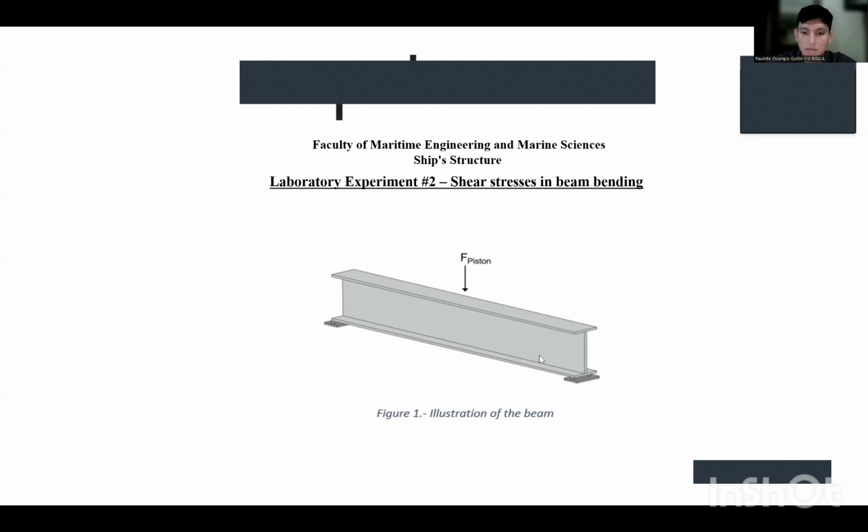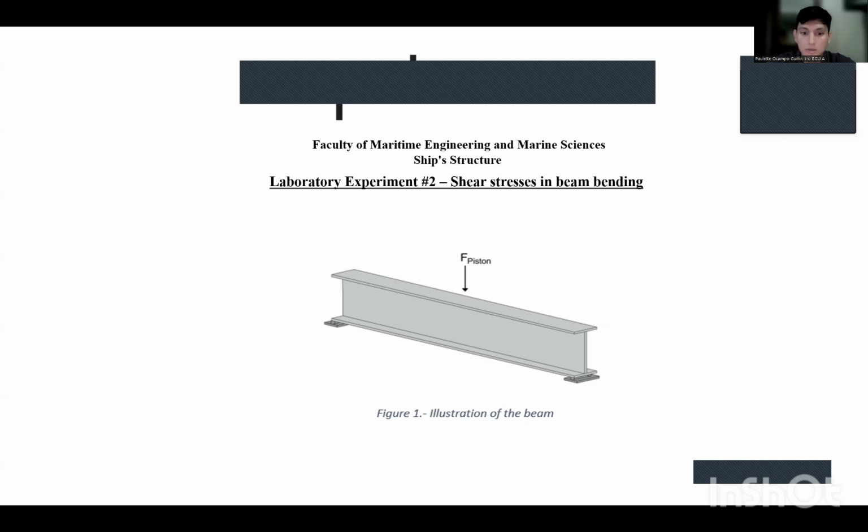To achieve this, a hydraulic piston with a load cell was used to apply a controlled deflection at the center of the beam. A strain gauge was placed on the upper flange and a strain rosette was installed on the web at the neutral axis.